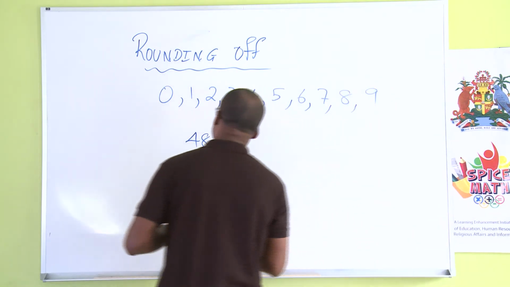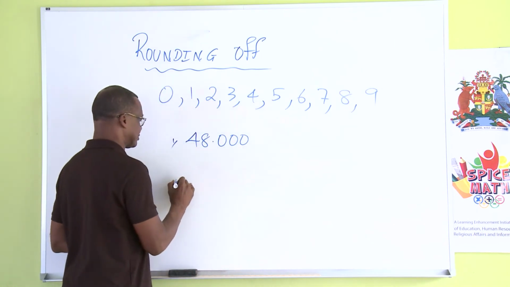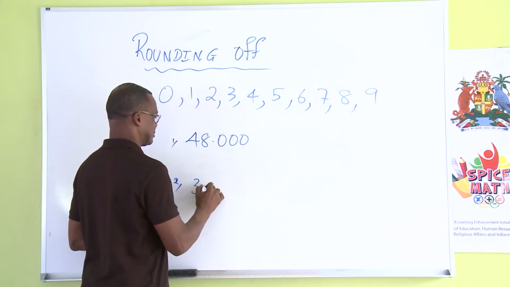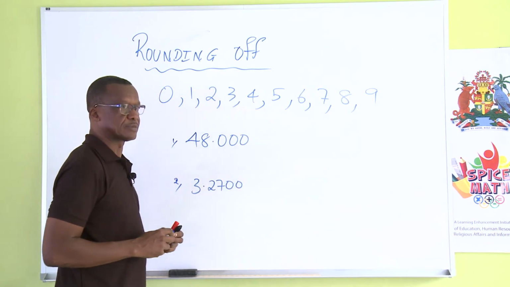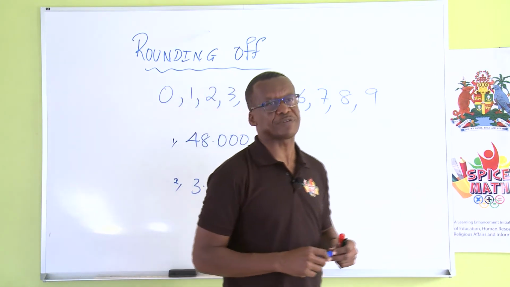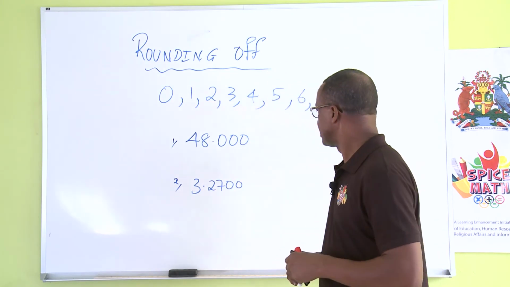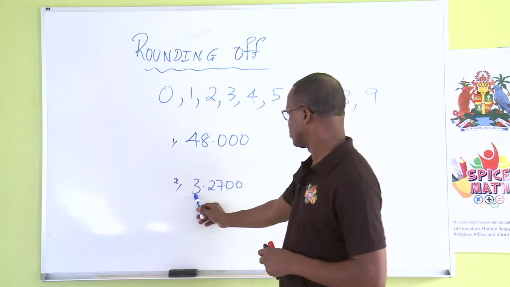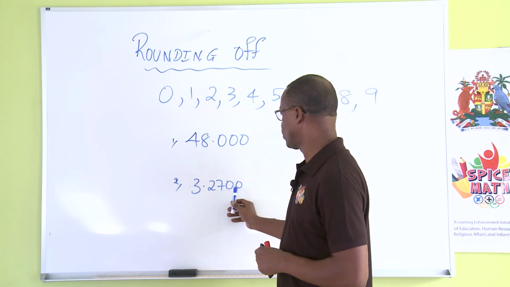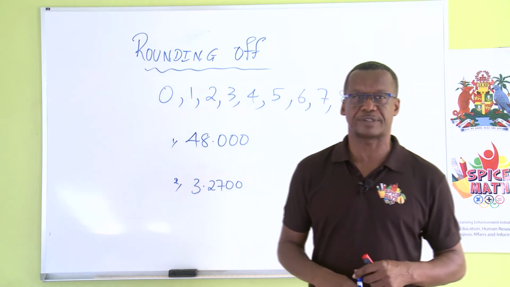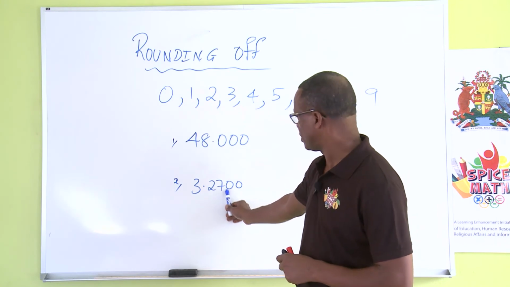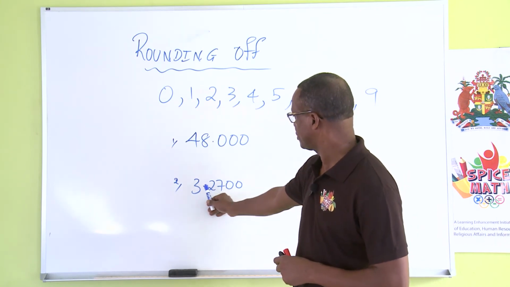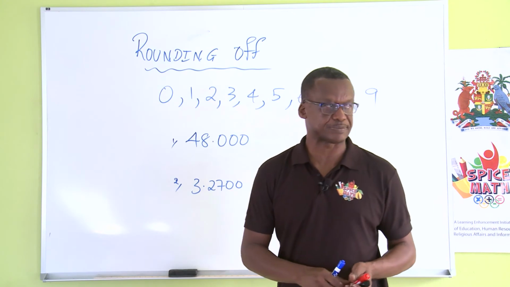The same thing would happen if we had this example, 3.2700. It would contain 1, 2, 3, 4, 5 significant figures because the zeros on the right-hand side of the number follow a significant figure which follows the decimal point.